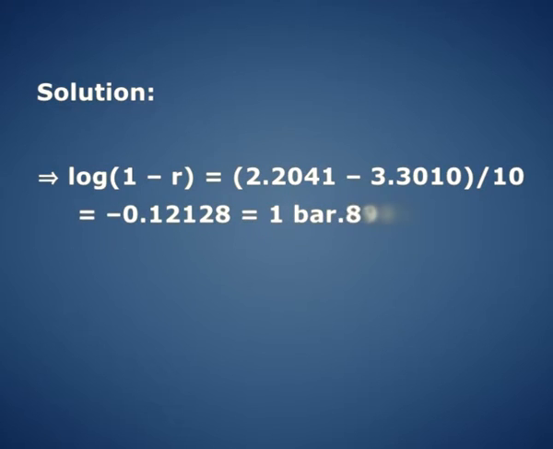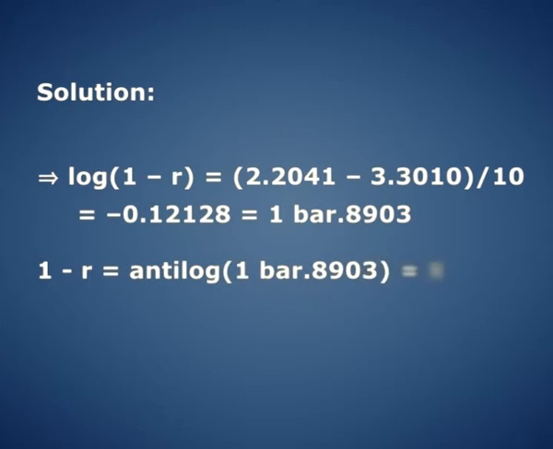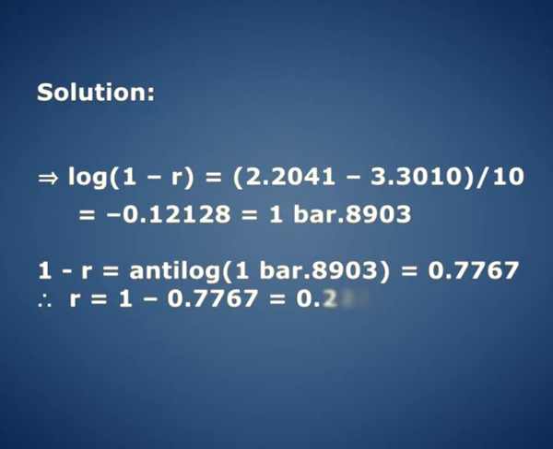So that gives you minus 0.12128, so we see that it is 1 bar 0.8903. So 1 minus R is equal to the antilog of 1 bar 0.8903, which is equal to 0.7767. So we see R is equal to 1 minus 0.7767, which gives us 0.2233 or 22.33%.